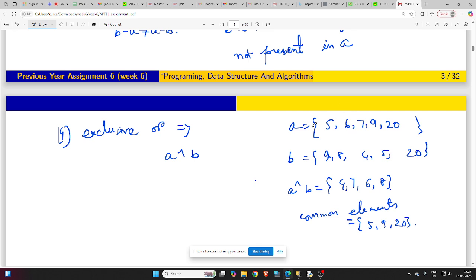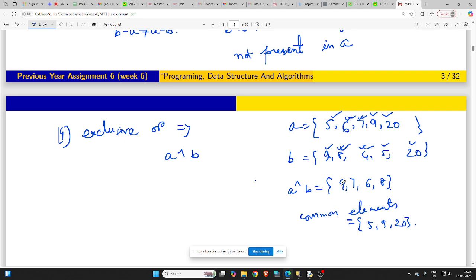So here for the A and B sets the common numbers are 5, 9 and 20. We will just remove these common numbers and the other numbers, 6, 7, 8, 4, these four numbers will come as the exclusive OR, A to the power B.